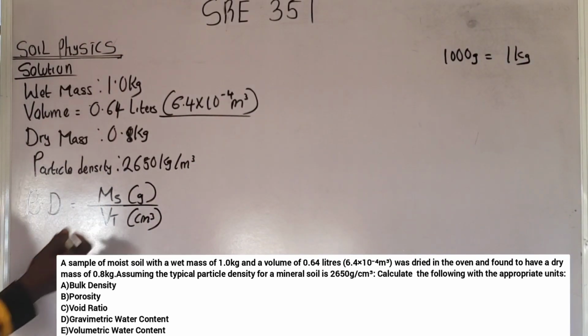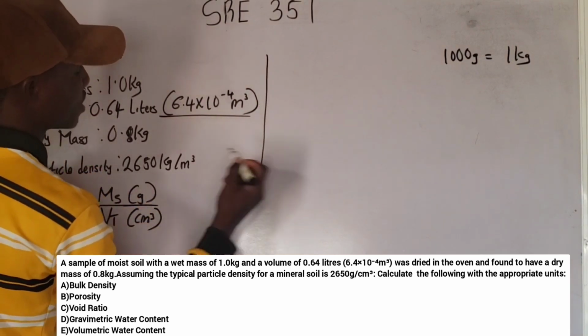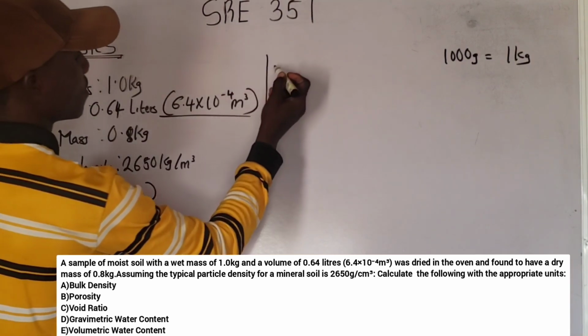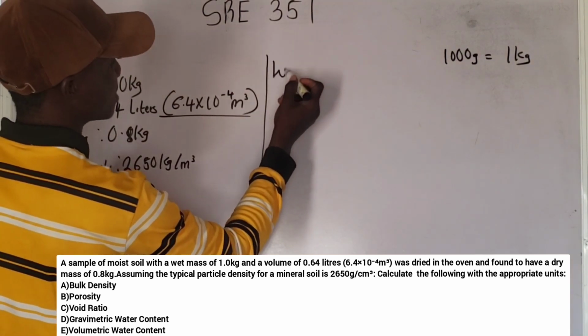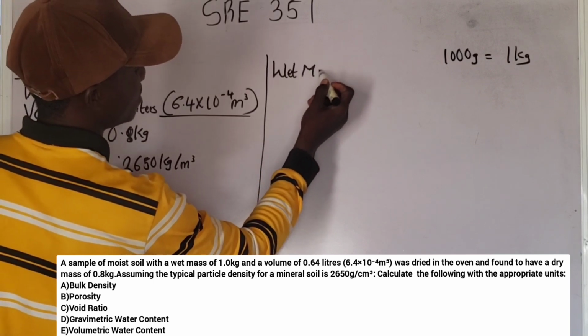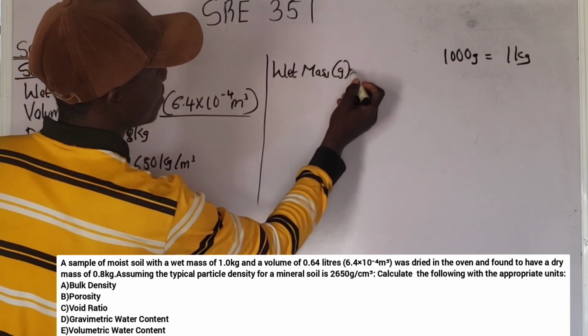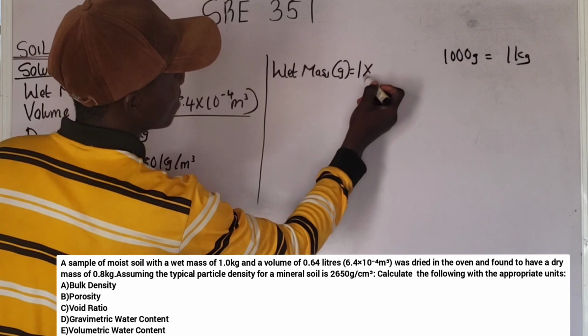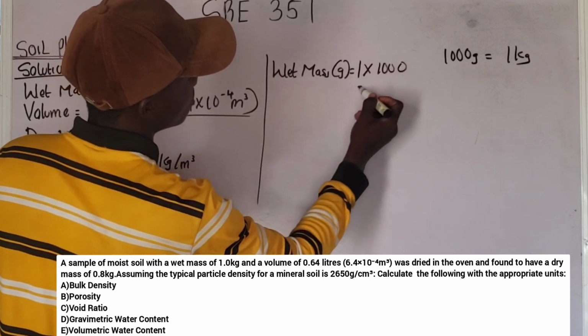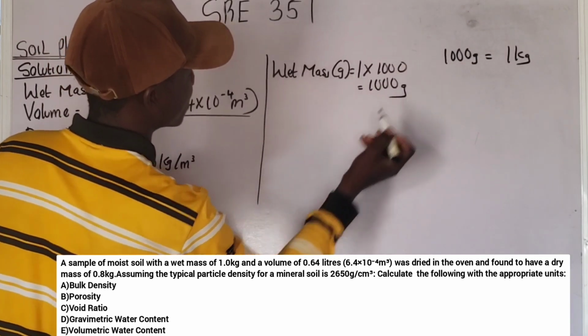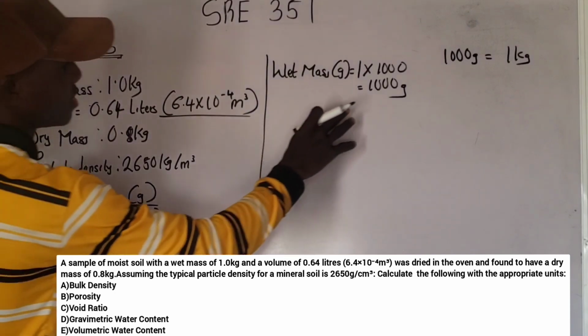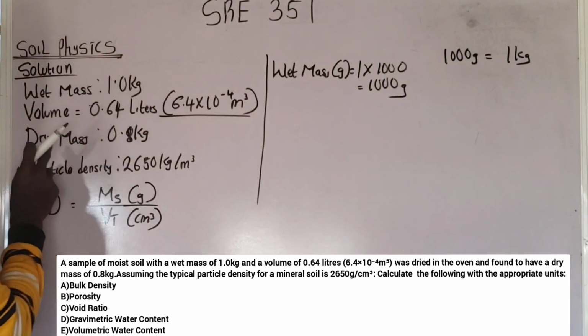So let us quickly do the conversion in this place. We're going to have the wet mass in gram, which will now be 1 multiplied by 1,000. That will be 1,000 gram. So the wet mass is in gram. Now let us convert the dry mass as well.